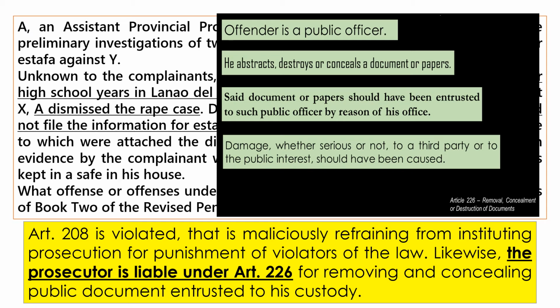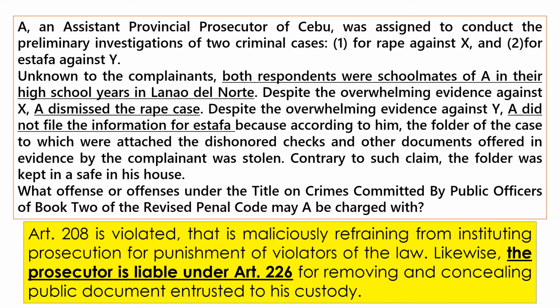So here, the offender is an assistant provincial prosecutor, therefore a public officer. And what did he do? The provincial prosecutor concealed a document, and those documents were entrusted to him by the complainant by reason of his office. And is there damage here? Of course, merong damage to the public interest.